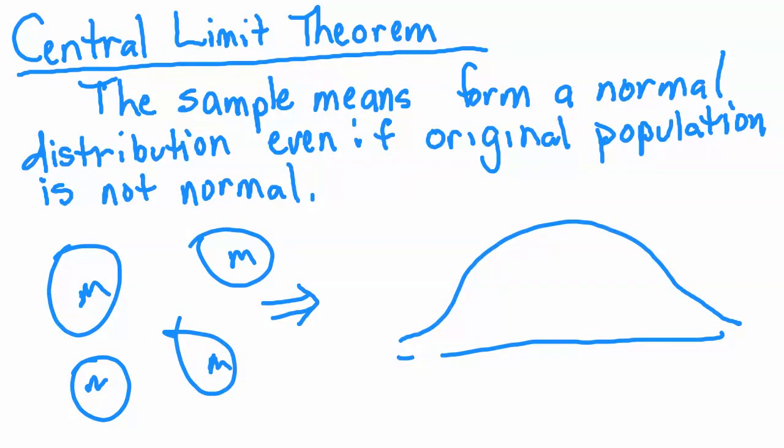And the larger the size of the samples, the more normal it's going to be. But this is the important part. The population doesn't have to start out normal. Like you saw in the retirement example, it was left skewed. Most people retire in their 60s, late 60s and 70s. So real important theorem.